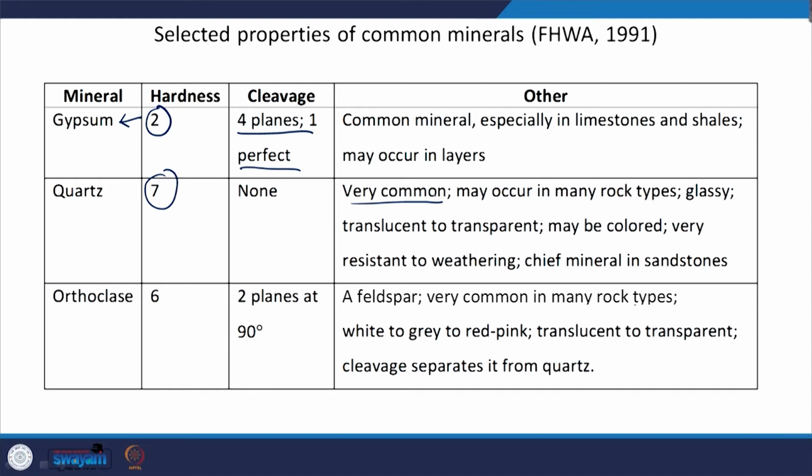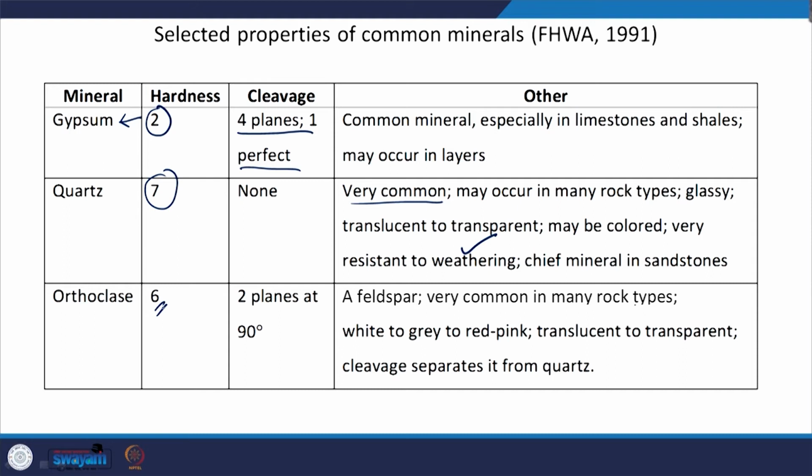It may be colored. It is very much resistant to weathering, and it is one of the chief minerals in sandstones.